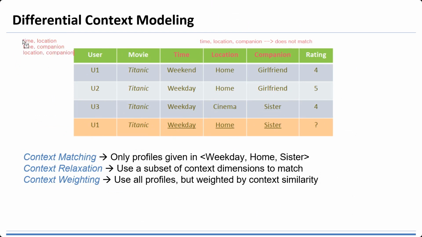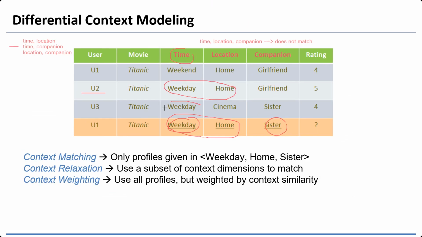In this case, I will check weekday and home. Weekday and home. Okay, it appears there is a similarity with user 2. Let's see time and companion: weekday and sister.